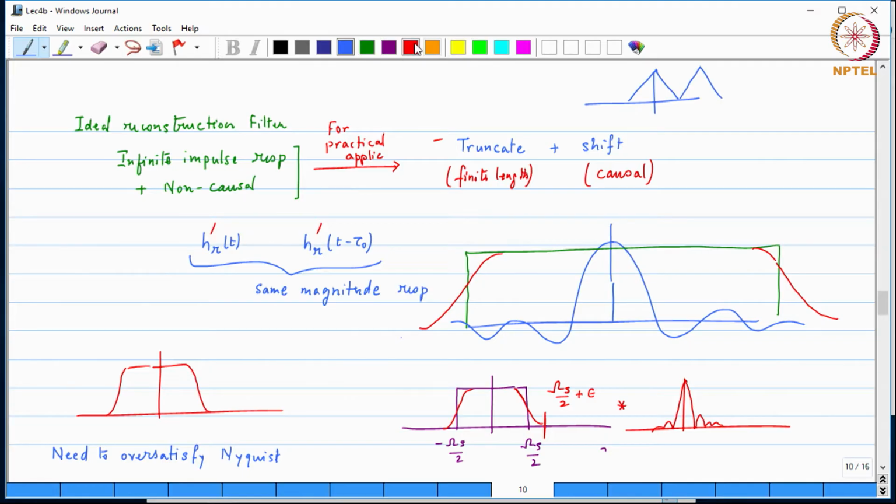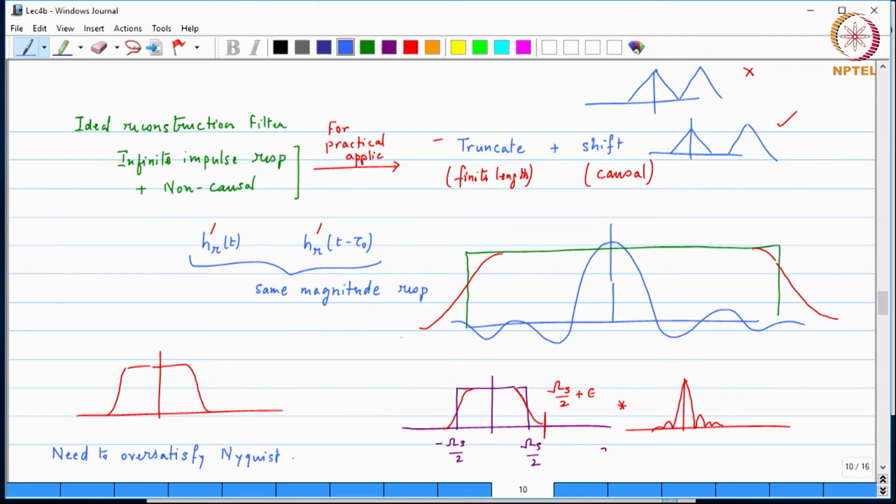This is not what we want, but instead go for something where the Nyquist sampling is over satisfied, and that will help us achieve the reconstruction with practical filters. This is why we say that we always want to over satisfy the Nyquist criterion. So, basically choose your sampling frequency to be greater than 2 times omega naught, the band limited signal.